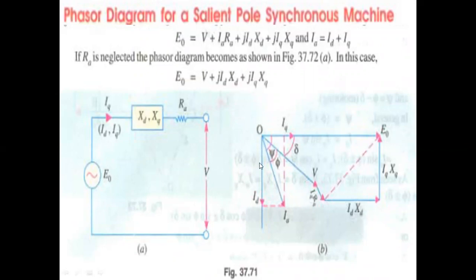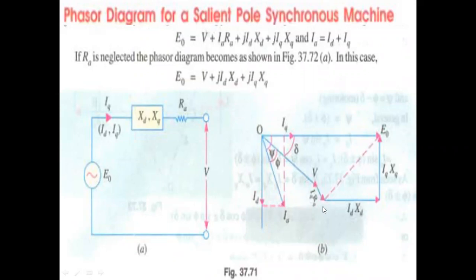We can consider IA also, but perfectly we can consider the ID XD drop perpendicular to ID and the IQ XQ drop perpendicular to IQ. So this is ID, and ID XD is perpendicular to it, at 90 degrees.